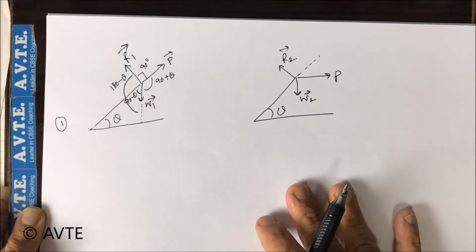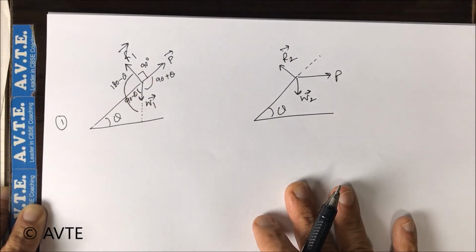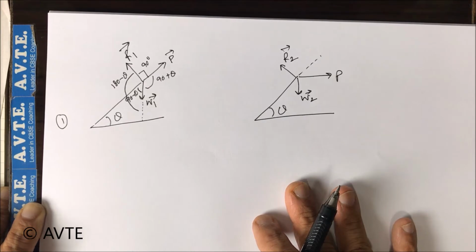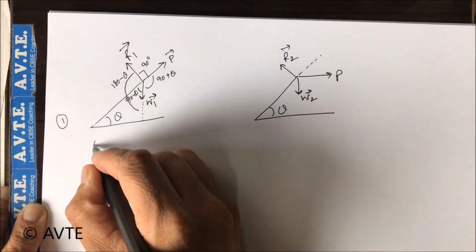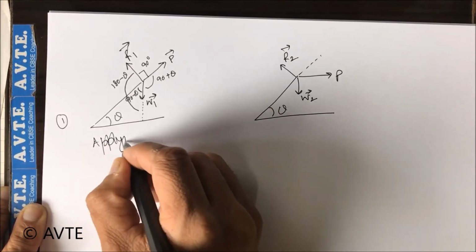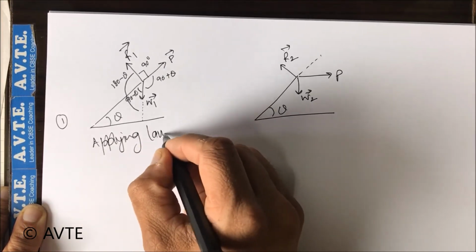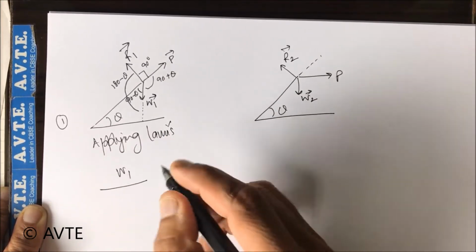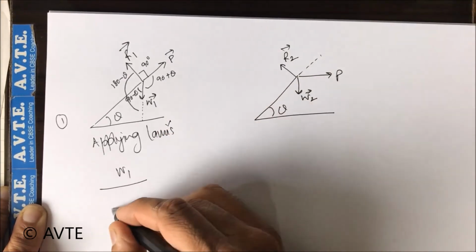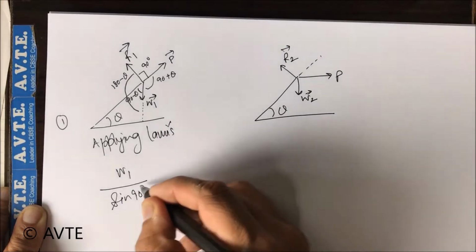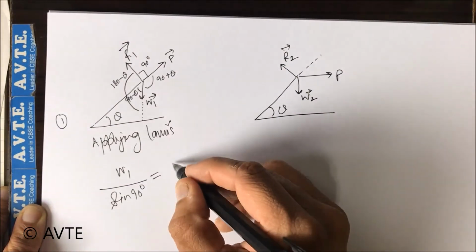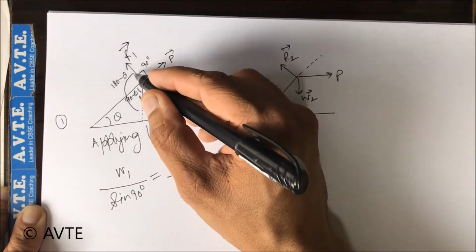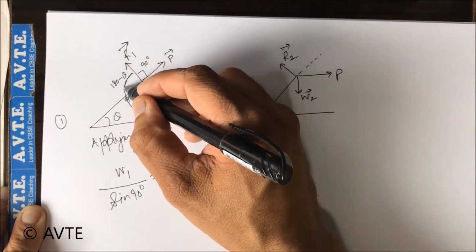So applying Lami's theorem between W1 and P, W1 upon sine 90 degrees is equal to P upon sine of this angle.